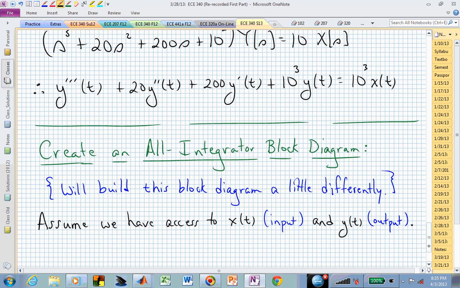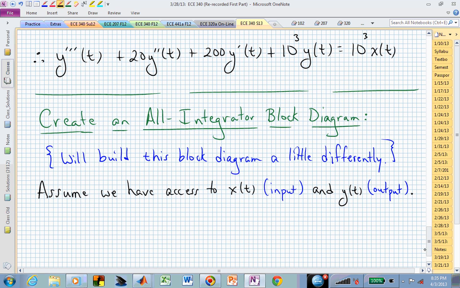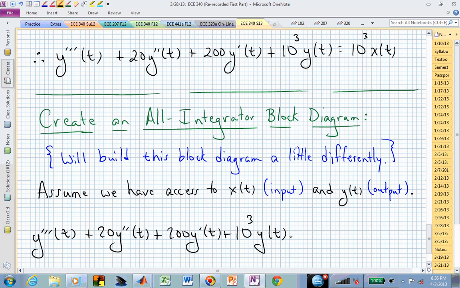Now, the way I want to build the block diagram is to initially take this entire differential equation and pull all of the terms to one side of the equality. Meaning, let's start with y triple prime of t plus 20y double prime of t plus 200y prime of t plus 1,000y of t minus 1,000x of t, and let's let that equal 0.